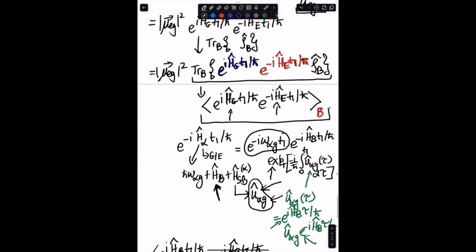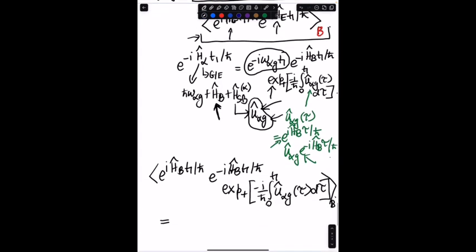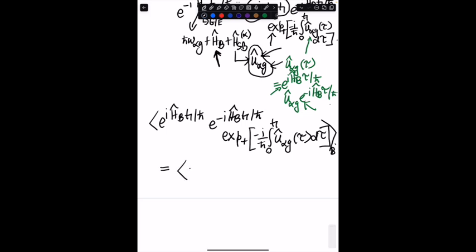So for this specific part, you get the following expression: exponential positive of minus i upon h bar, integral 0 to t1 of U hat alpha g of tau d tau, and then traced over all your path states. Right.